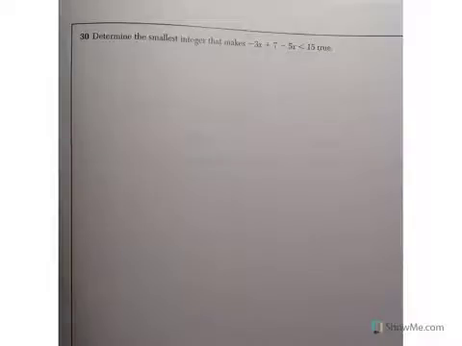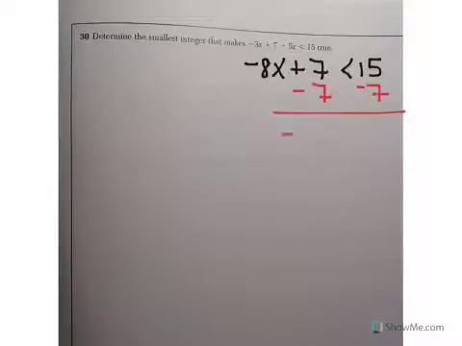Number 30, determine the smallest integer that makes the following inequality true. Okay, so we need to solve for x. And we have negative 3x and a negative 5x on the same side of the inequality, so we can combine like terms and get negative 8x plus 7 is less than 15. To get x alone, I'm going to subtract 7 from both sides. I'll end up with negative 8x is less than 8.